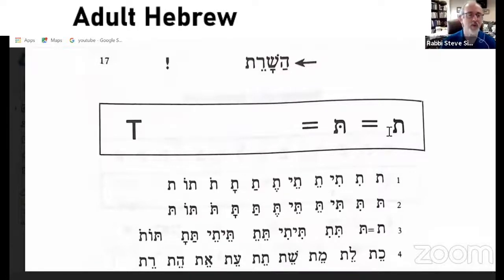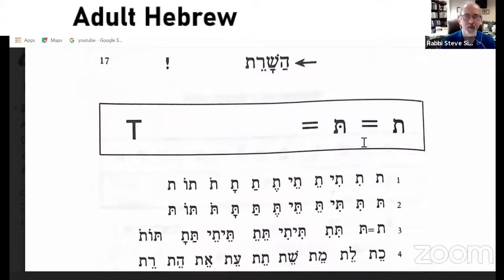And that's why you hear the word Shabbos or Shabbat, because Ashkenazim pronounce this letter without a dot as an S sound. Sephardim and Mizrahi, Eastern Jews, pronounce both forms as a T.